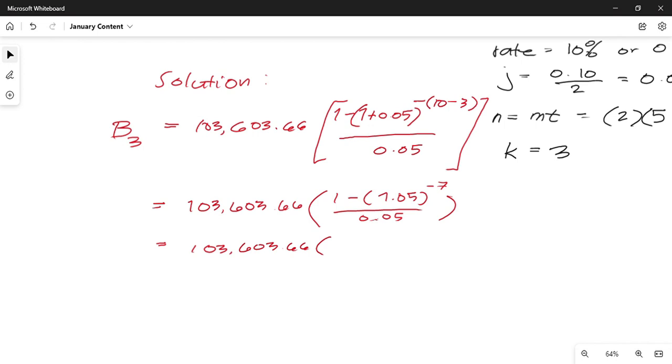This is 5.786. So we multiply this together, and we have 599,489.46. This is with interest.